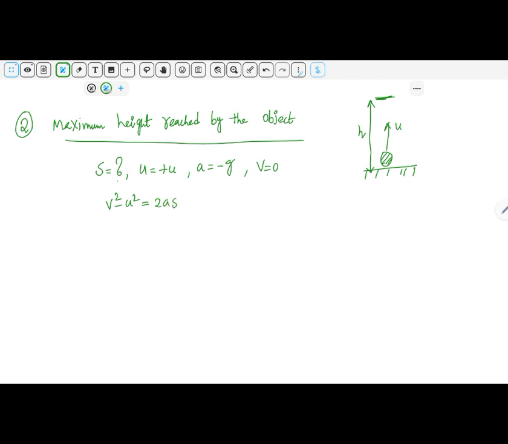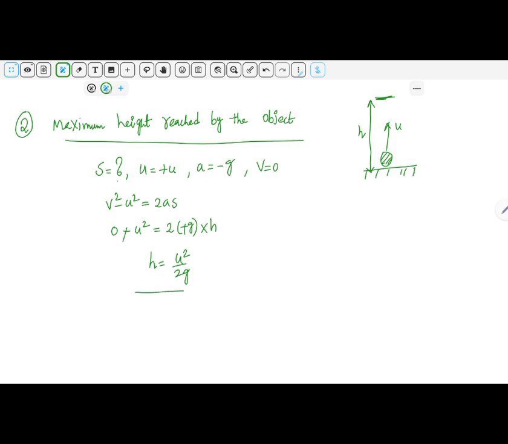Now, what is v? 0, so 0 square is 0, minus u square is equal to 2 into a, which is minus g, so minus g, and we considered s as h. Now minus minus gets cancelled out, therefore h is equal to u squared by 2g.